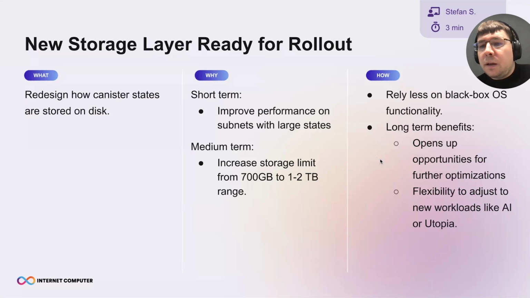I'm not going to talk at all about what we actually did on a technical level, but the core of it is that we took a performance critical part of the IC and we re-implemented it ourselves instead of relying on the operating system to do it for us efficiently. And the main benefit of that is that it gives us the opportunity to optimize it ourselves.